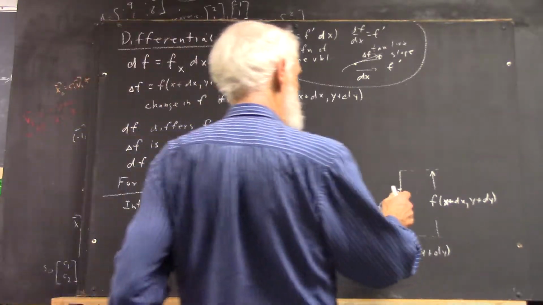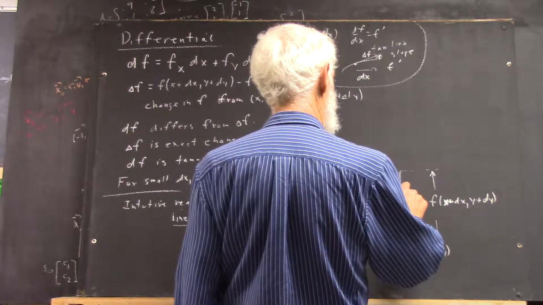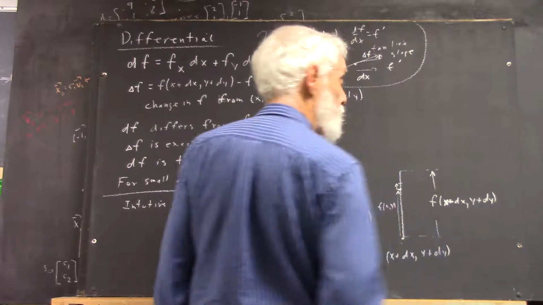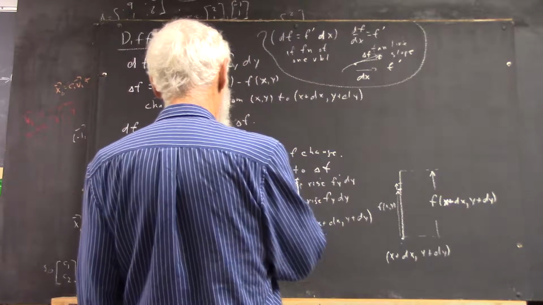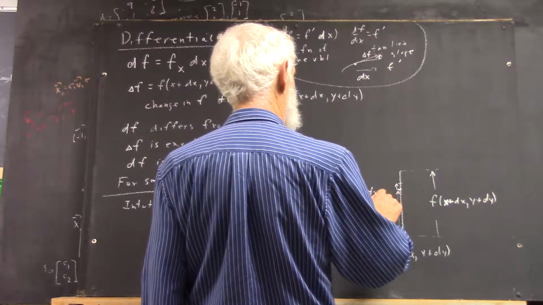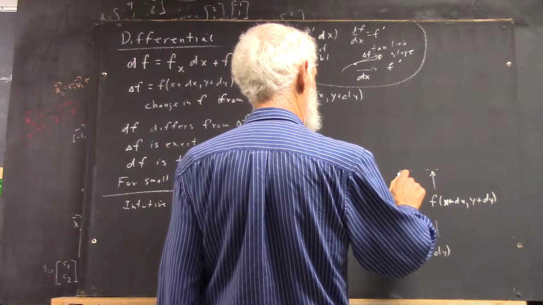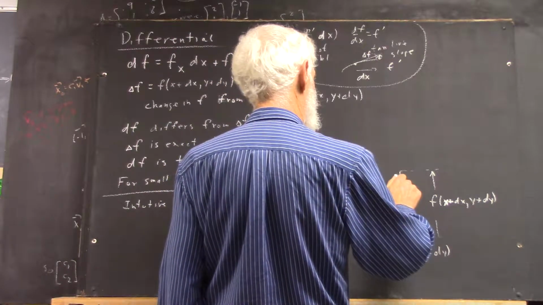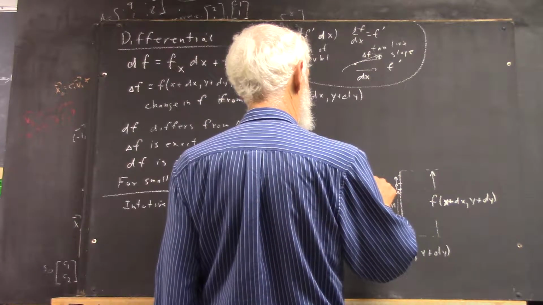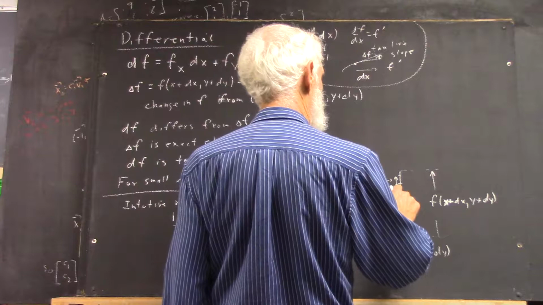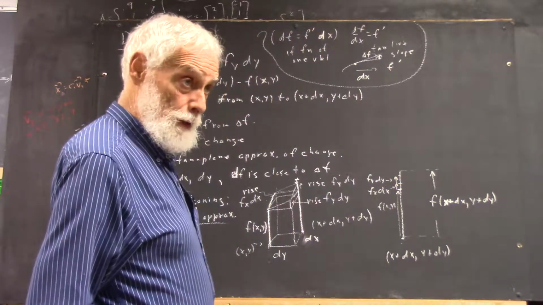And you have the rise here, okay? Which maybe corresponds to your fx dx. And then you have another rise corresponding to fy dy. Okay?